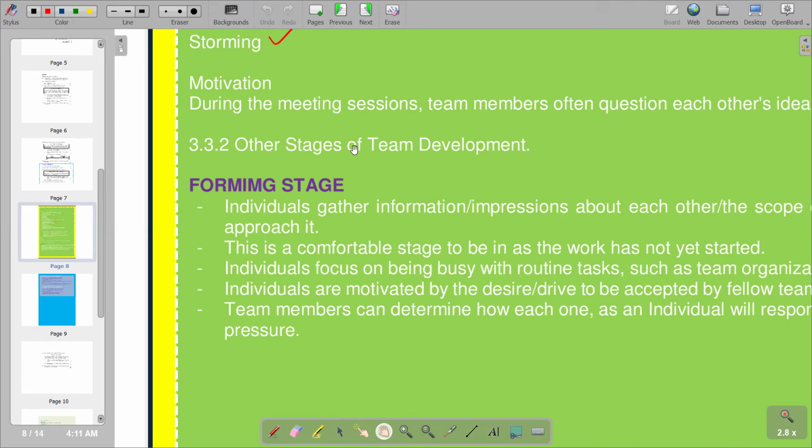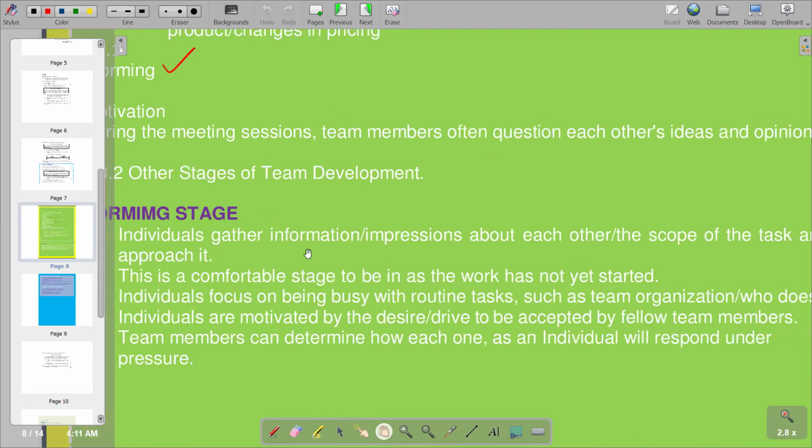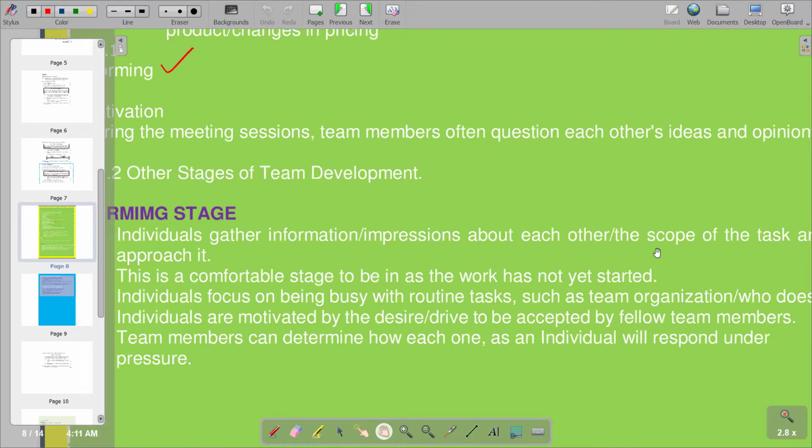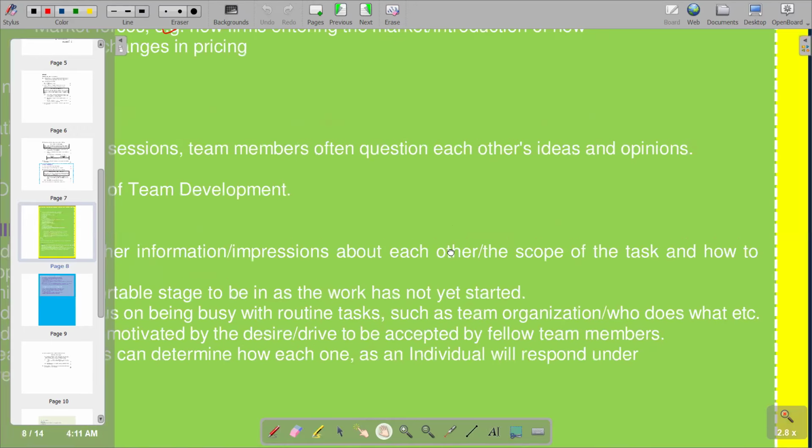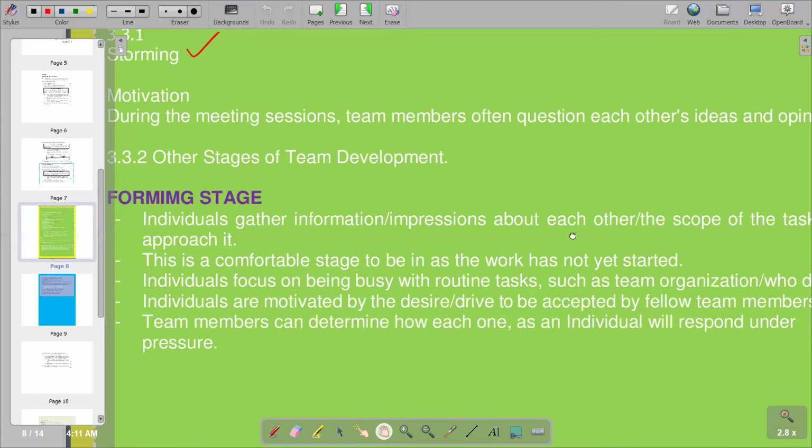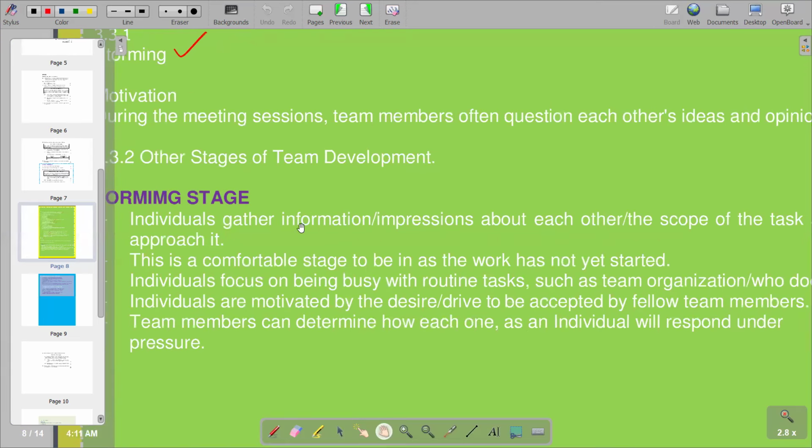So that's the forming stage. The explanation that we have there, reiterating what I've given, is that individuals gather information or impressions about each other, the scope of the task, and how to approach it under the forming stage.